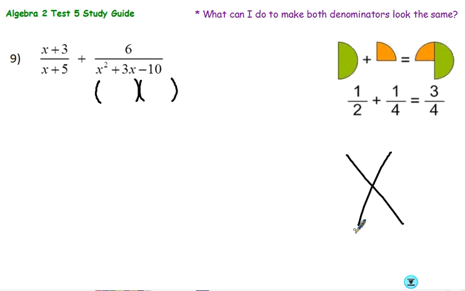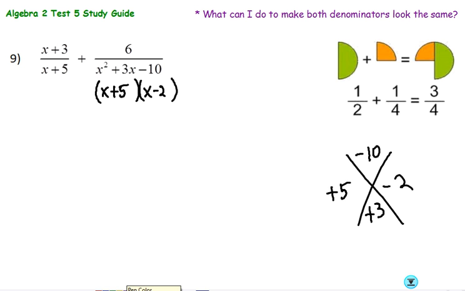Well, let's go to the side. We'll do a little scratch work over here. So two numbers that multiply to negative 10 that add up to a positive 3. 5 and 2, I've got more positives. That means the bigger number would be positive, smaller number negative. So I've got x plus 5 and x minus 2.